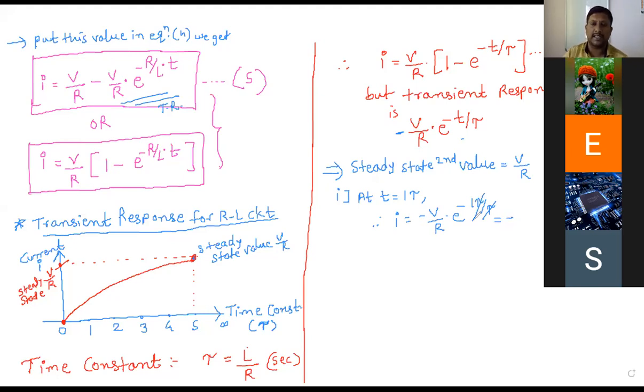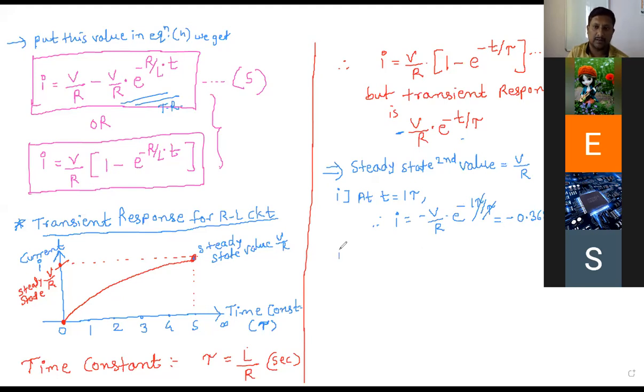E raised to minus 1 चे किती आहे answer? Take a calculator and tell what is e raised to minus 1 value. 0.3678. Yes, 0.367 किंवा 368 into V by R. E raised to minus 1 म्हणजे 0.368 and minus V by R as it is here.